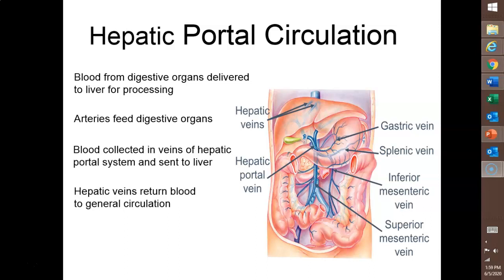And remember, one of the jobs of the liver is to filter and to clean. So the blood is, in fact, cleaned up a little bit so that any toxins or anything that you don't necessarily want back into circulation can be filtered out in the liver. But one of the also very important functions of filtering that blood back through the liver is to just take some of those nutrients from the digestive system and store them.